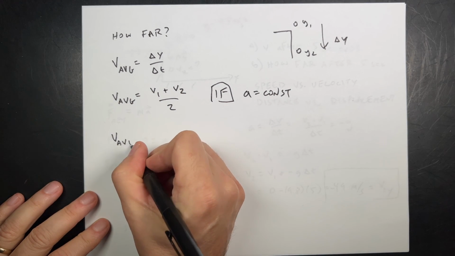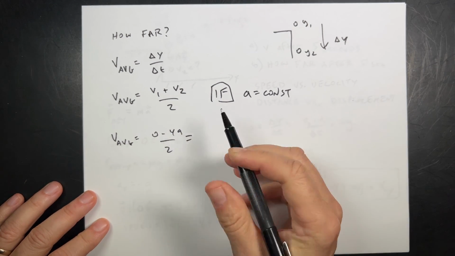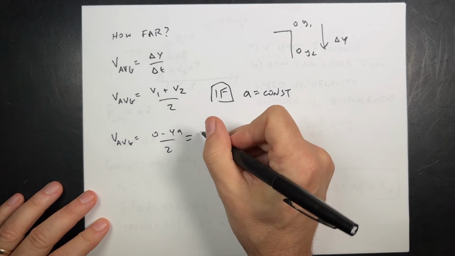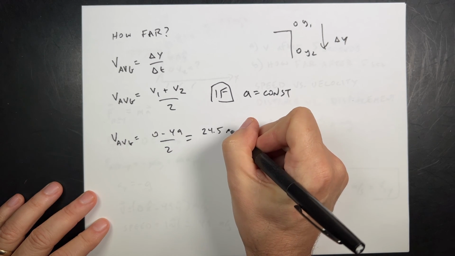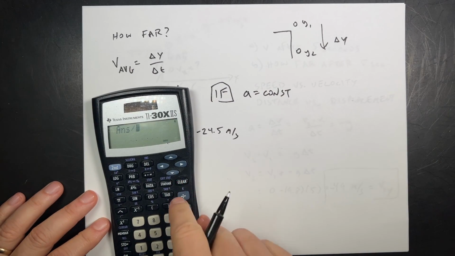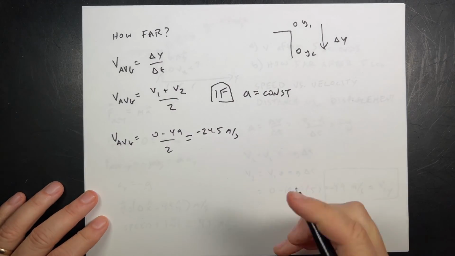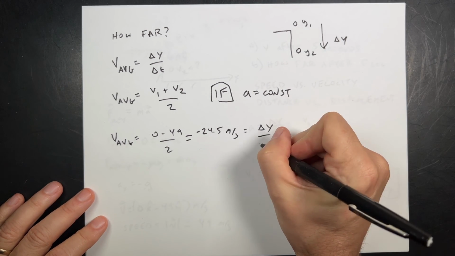V average is going to be 0 minus 49 over 2. That's going to be 24.5 meters per second, negative. That's right? 49 divided by 2. Yeah, I got it right. And that's going to be equal to delta y over delta t.